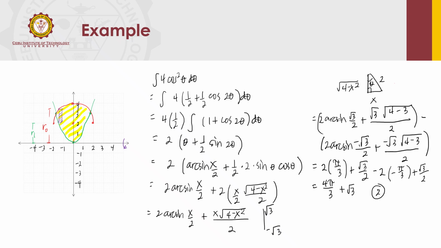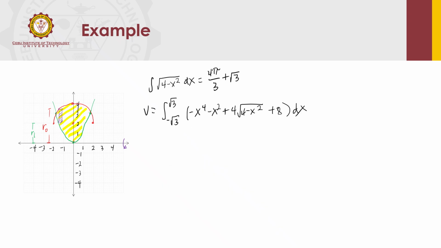Let's go back to the main equation. So we have negative, and there's a pi here. So it's pi times negative x to the power 5 over 5 minus x cubed over 3 plus 4 times, we'll put the result solved using trigonometric substitution in the last part.